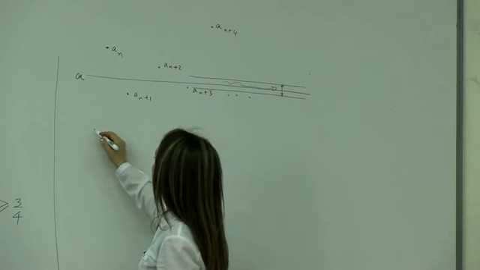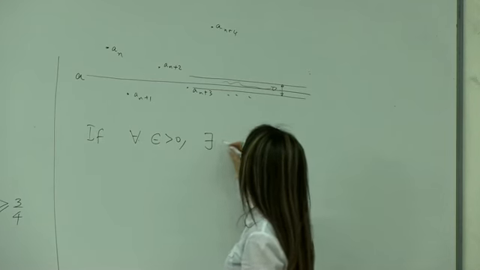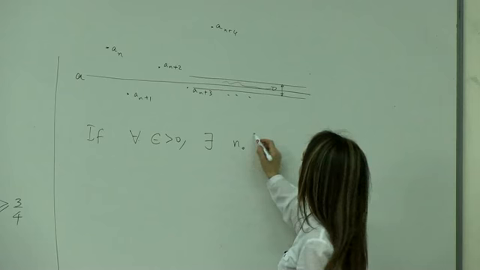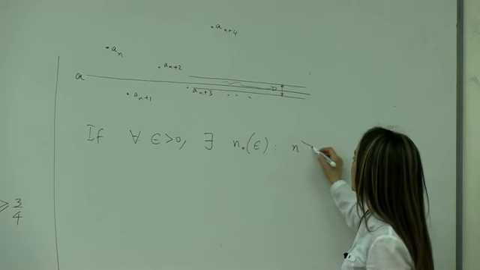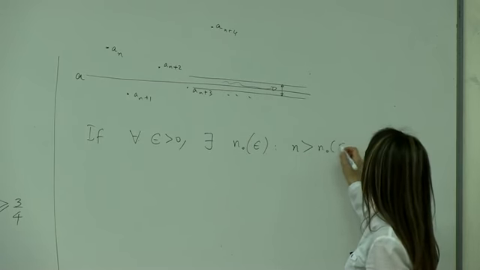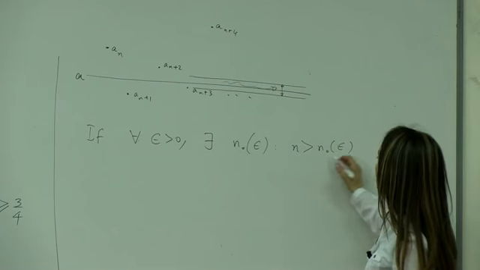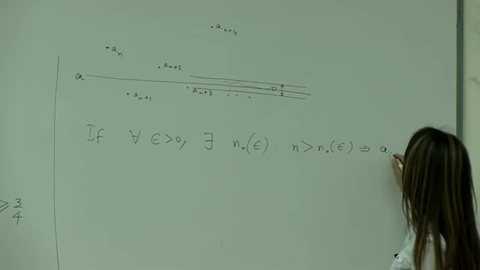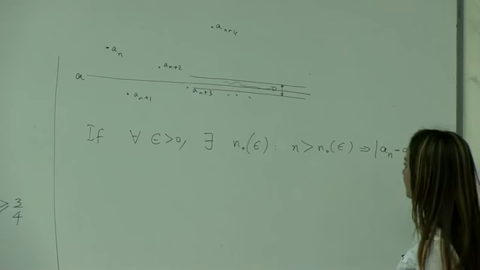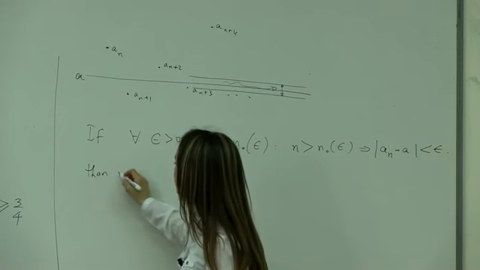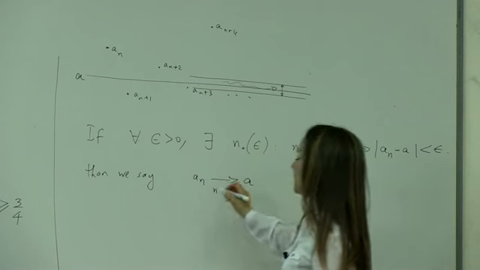Let me repeat. If for every positive epsilon there is an index n naught of epsilon, such that for all n after that index, I have a sub n minus A being within epsilon, then we say that the sequence a sub n converges to the number A as n goes to infinity.